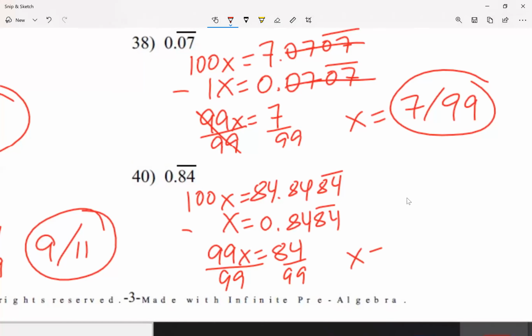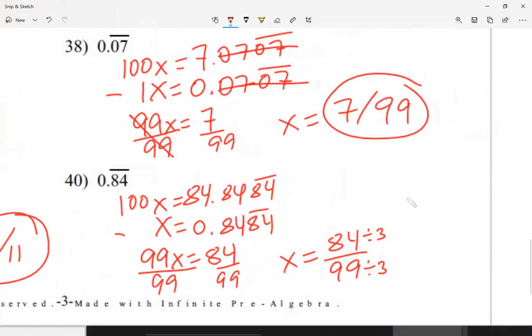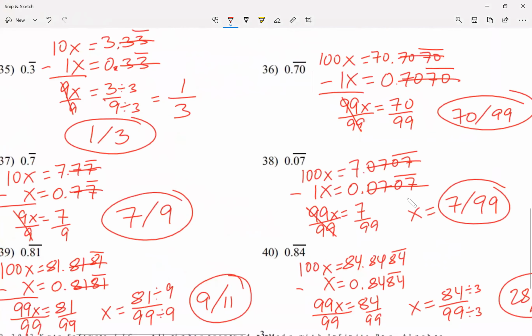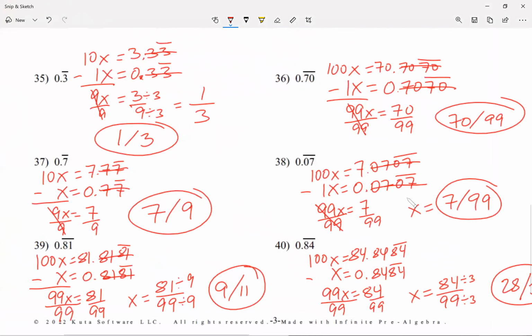So I get that x is equal to 84 over 99. If we can simplify, by all means do so. In my case, I can. Let me divide top and bottom by 3. So that's going to give me 28 over 33. Now that one cannot be simplified any more. So let me zoom out. You guys can see what we did today.